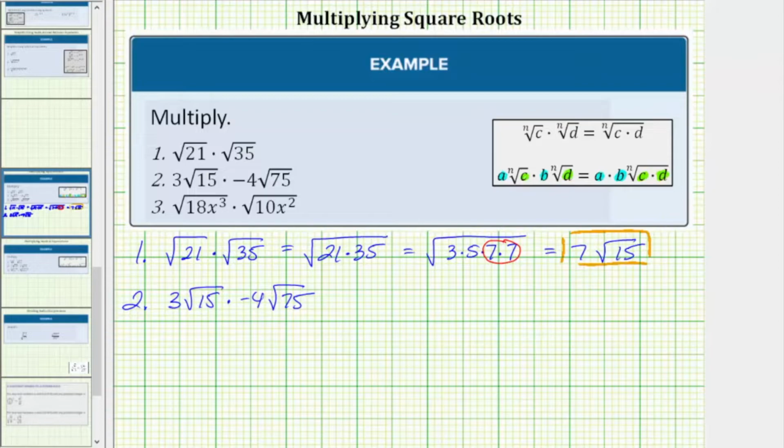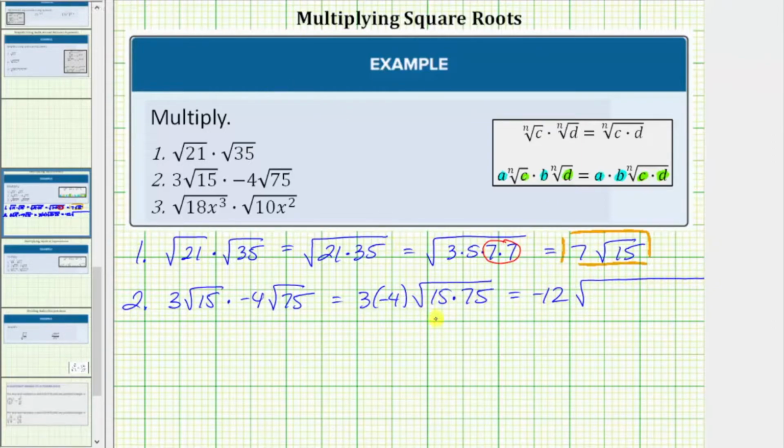So for number 2, this product is equal to 3 times negative 4 times the square root of 15 times 75. 3 times negative 4 is equal to negative 12.